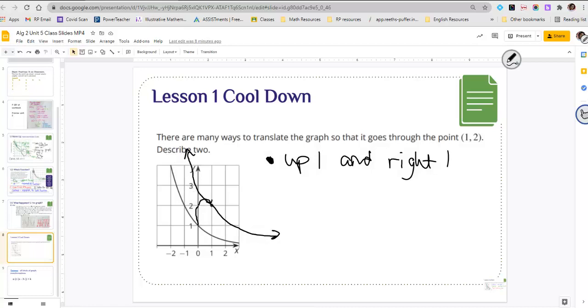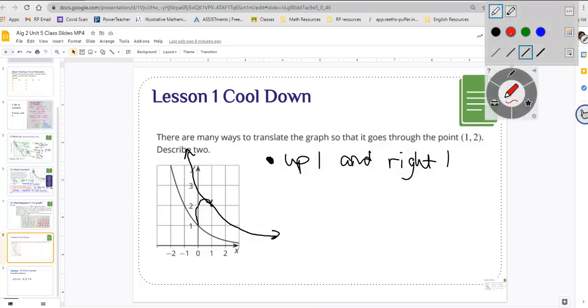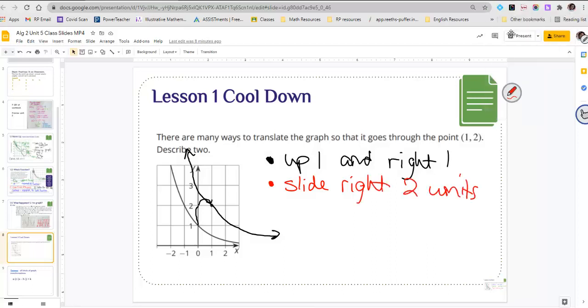Now another way that a second student gave us for how we could change this up was to just slide it to the right 2 units. So that would take this graph, this time in red, and sliding every single point 2 units to the right would move that graph here to go through that point.